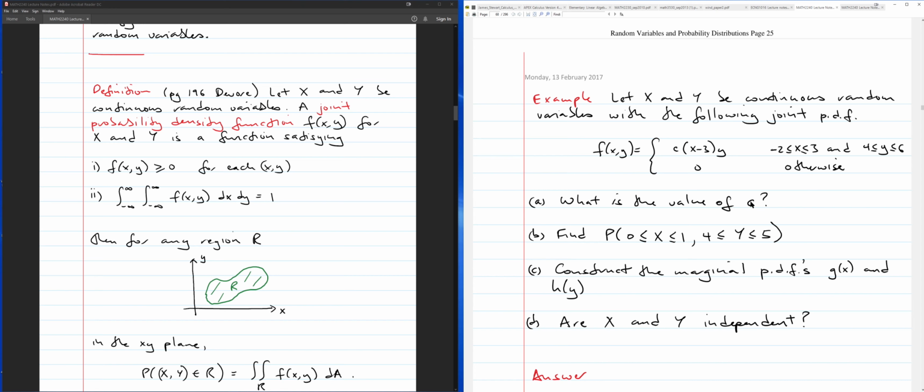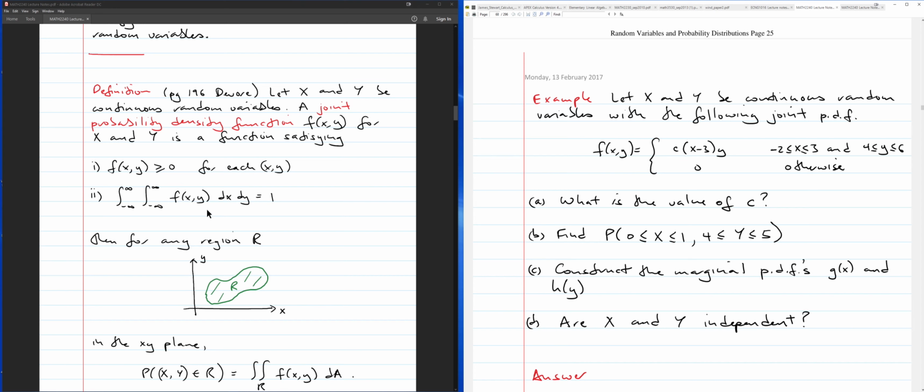Now, how you're going to determine the value of c is you're going to use the fact that when you sum probabilities it is going to be equal to 1. And in a joint probability density function, summing the probabilities would be integrating over the entire plane.